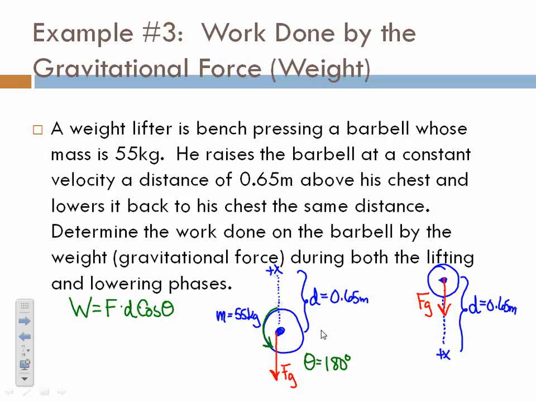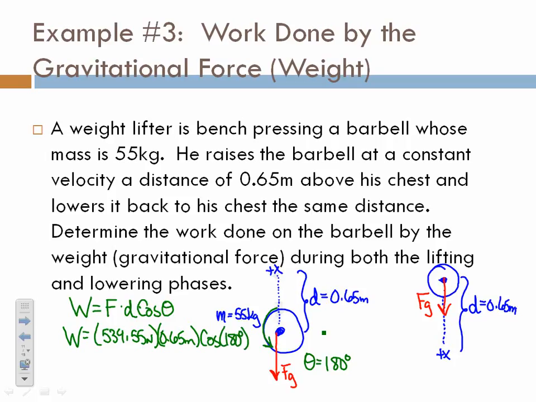So we have 55 kilograms with an acceleration of 9.81 meters per second squared, and so we have 539.55 newtons worth of force. We have a distance here of 0.65 meters, and we have a cosine of our angle theta, which is 180 degrees.